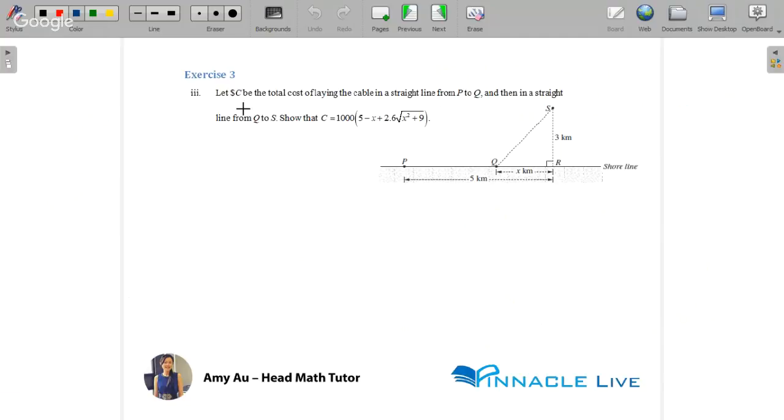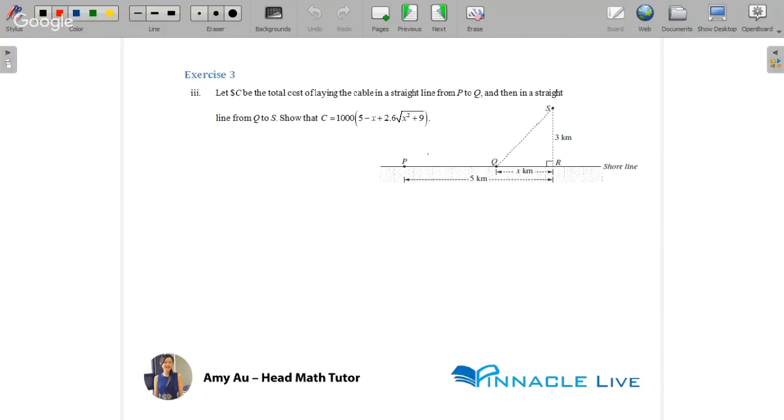Part 3, let's see, be the cost of laying a cable from P to Q. So we're looking at all the intermediate situations. So from P to Q and then from Q to S, and we want to show that's the cost. Just in terms of working out the lengths, this is 5 kilometers.